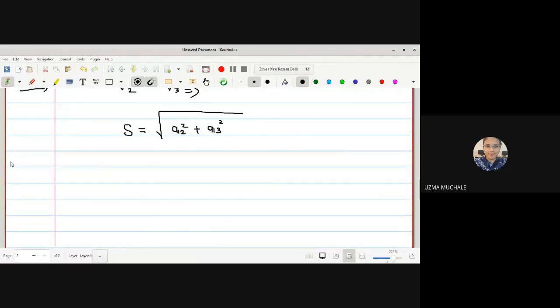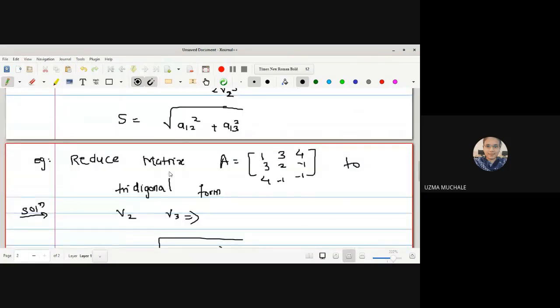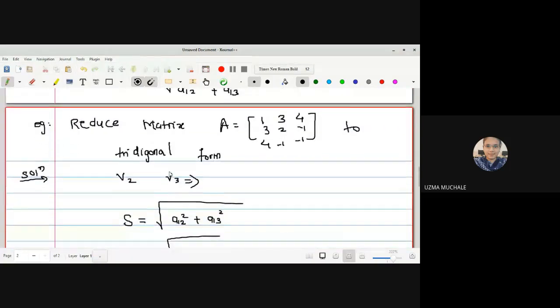Simply memorize these three formulas, because whatever equality we have obtained, we have to use only these three formulas. Now we need the values of a12 and a13. From the matrix itself we can know. What is A12?